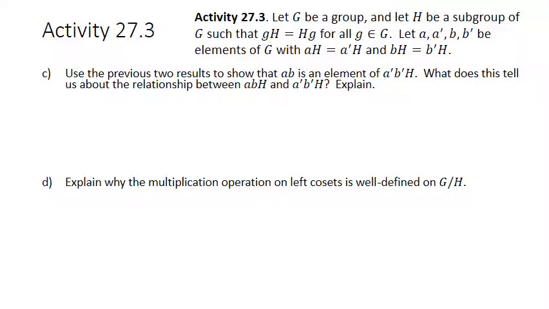Okay, so for part C, use the previous two results to show that AB is an element of A prime B prime H. What does that tell us about the relationship between ABH and A prime B prime H? Okay, so the previous two results were the following.